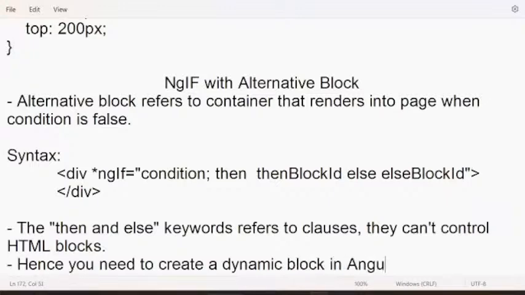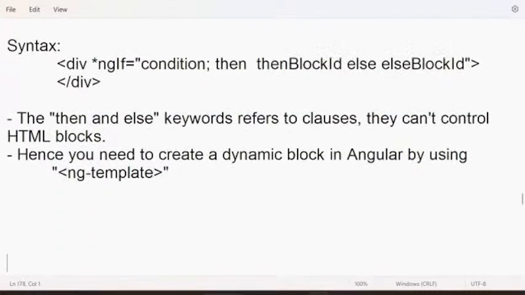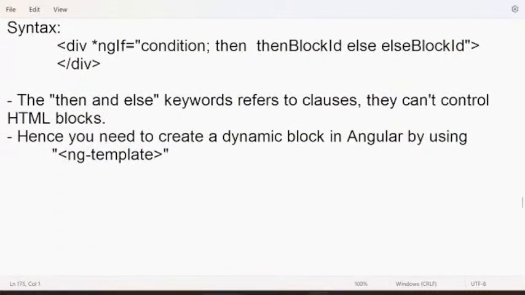Hence you need to create a dynamic block in Angular by using ng-template. We have to use ng-template. That is what dynamic blocks are. There are so many dynamic blocks which you will learn one by one.